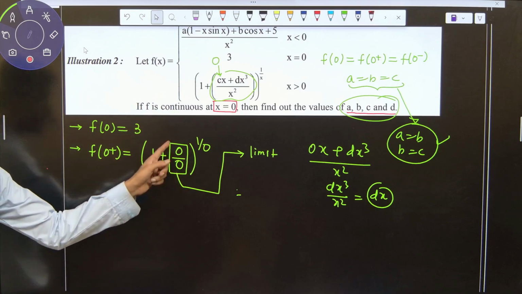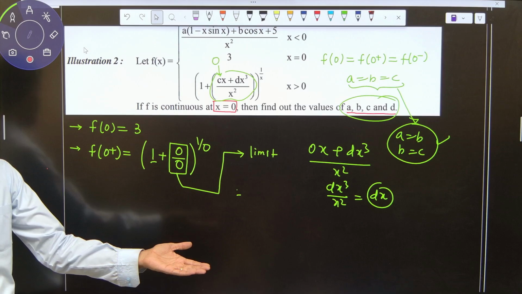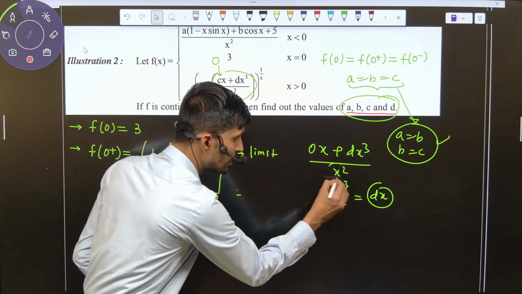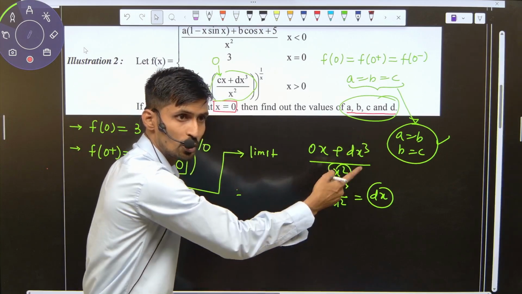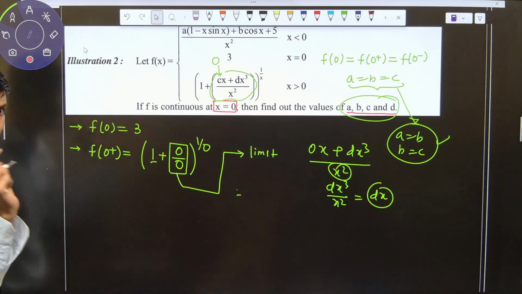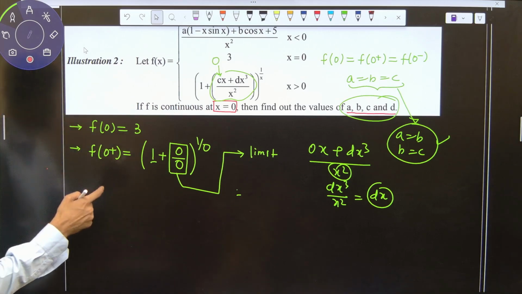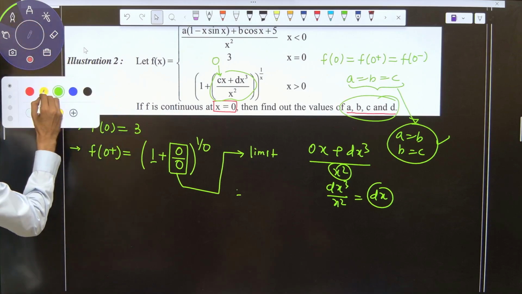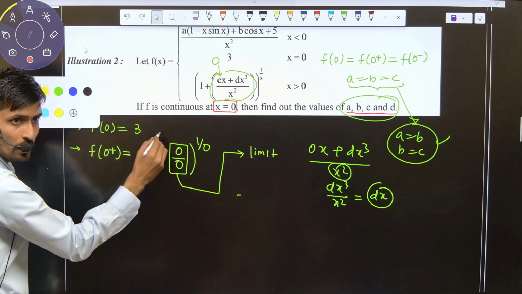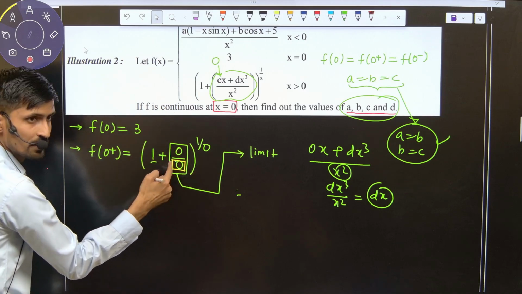And for becoming this 0 by 0 into 0, what should happen? Denominator should get cancelled. All denominators should get cancelled with the numerator. Why? See, everything is getting recorded, you can revise all these things. Denominator is responsible. See, in 0 by 0, which 0 is the main problem? This 0 in the denominator is the main problem.